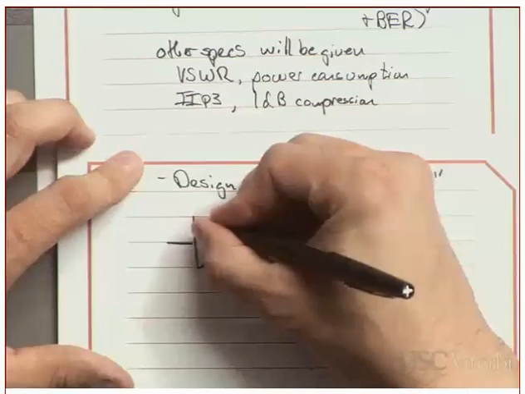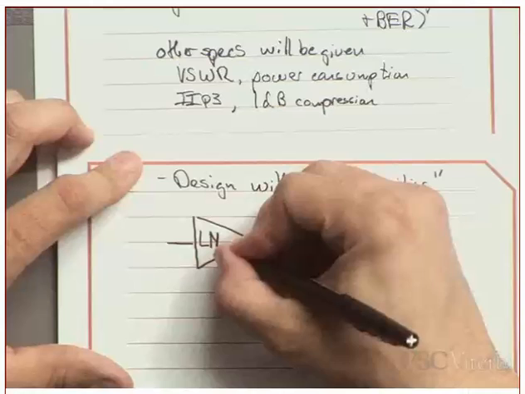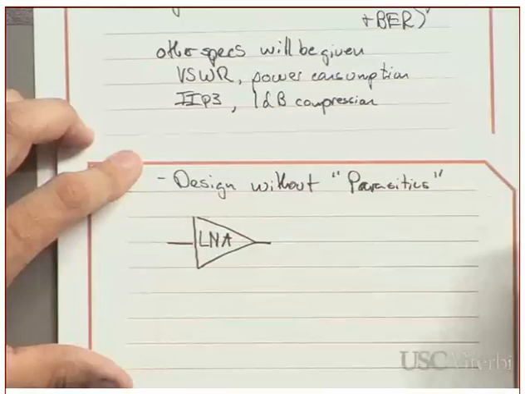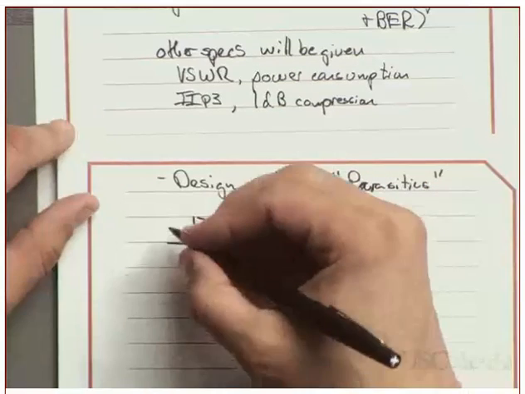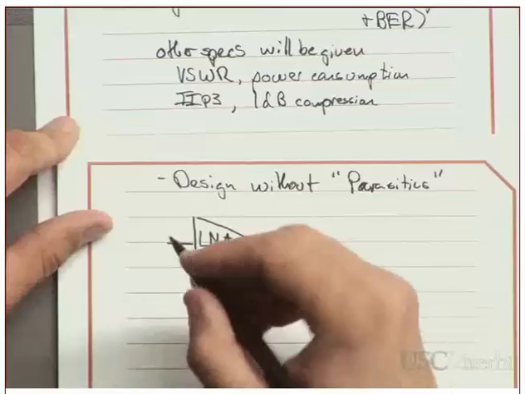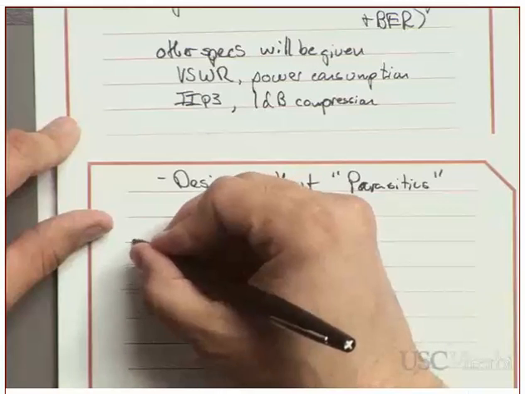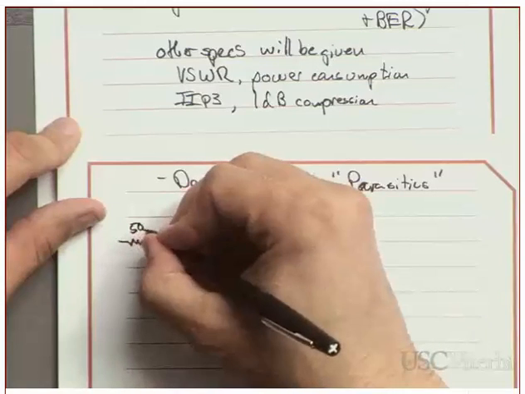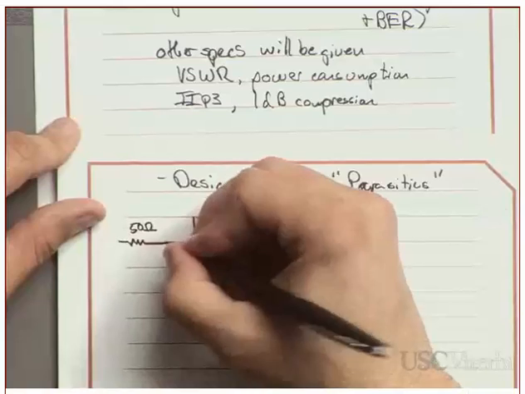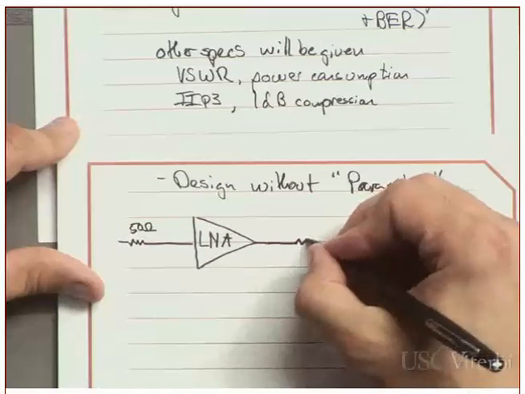If this is your LNA that you're designing, you'll have an input and output, and they'll need to be matched to a 50 ohm input and a 50 ohm output.